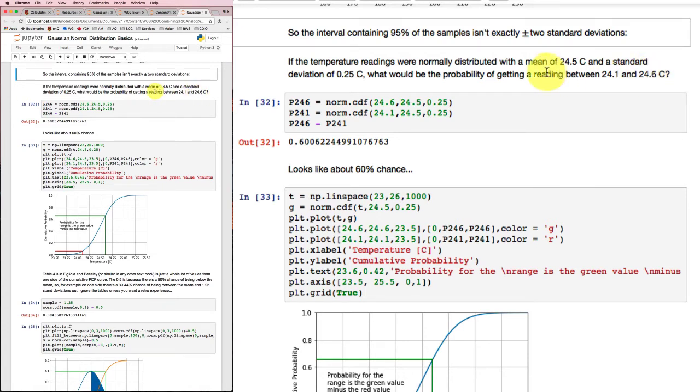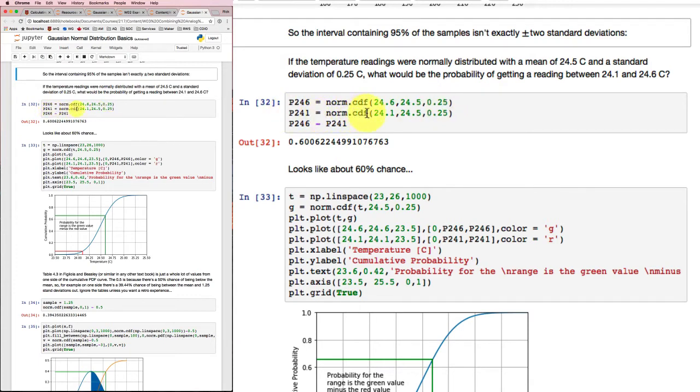Well, to do that, we'd have to find the CDF values for each of those particular ones and then take the difference between them. So if we look for 24.6, that's the high end, mean of 24.5 and 0.25. So that's the probability that the value is less than 24.6.